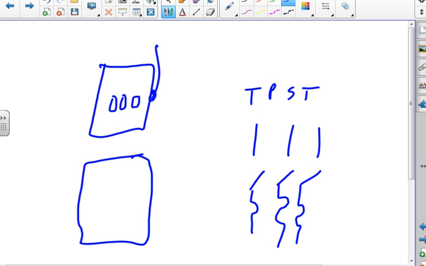A safety switch is something that you get to pay a lot more money for. But if it fails, it's going to fail to open the circuit. So my mushroom switch that I'm putting in there to be my emergency shutdown button, if it fails, it's going to open.